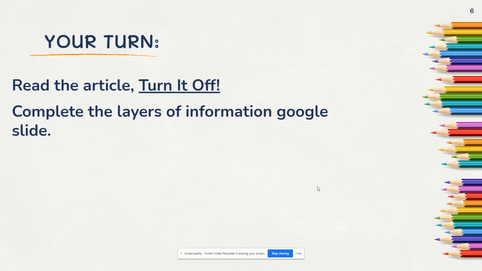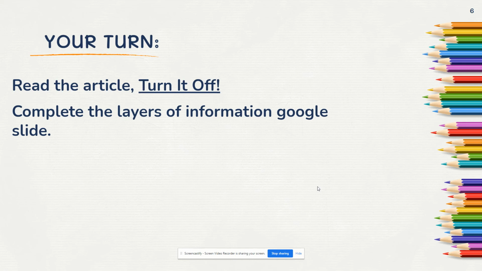Now that you've seen how to find layers of information within the text, the opinion, the reasons, and the evidence that the author has written, I want you to take some time and read the article, turn it off. Then you're going to complete the layers of information Google slide, and you're going to do what I've done here and modeled for you. If the opinion is stated directly, you can list that in the opinion portion of your chart.